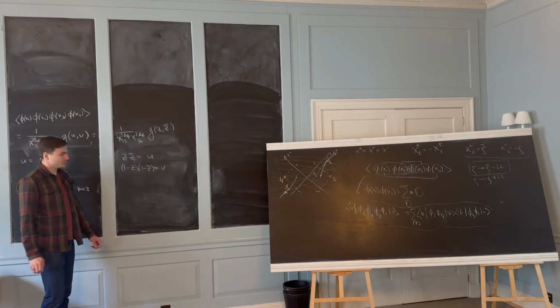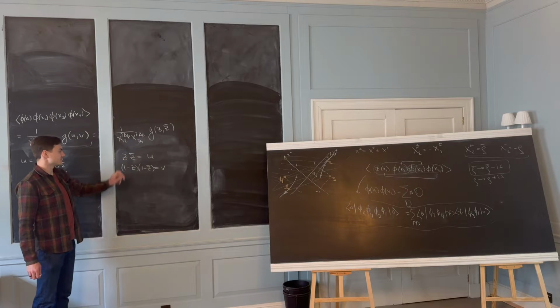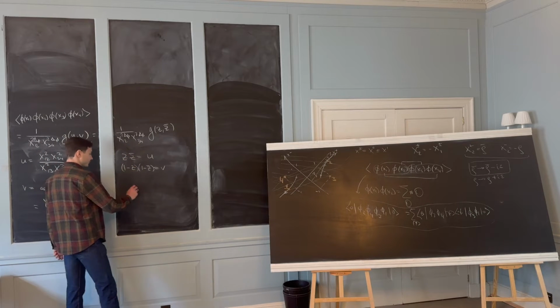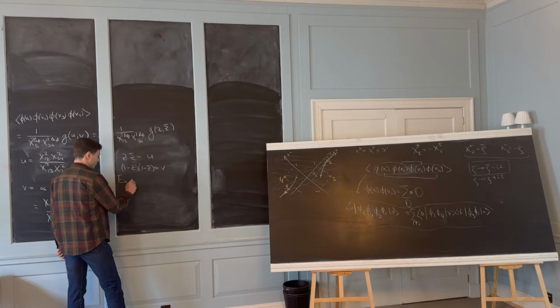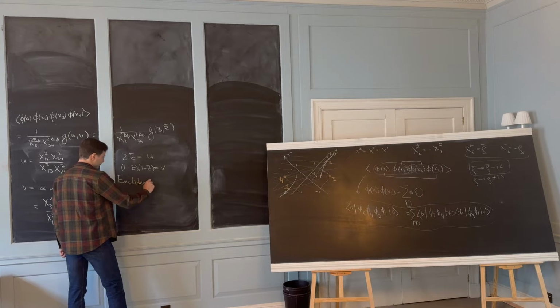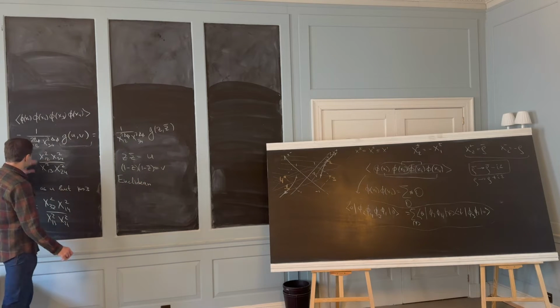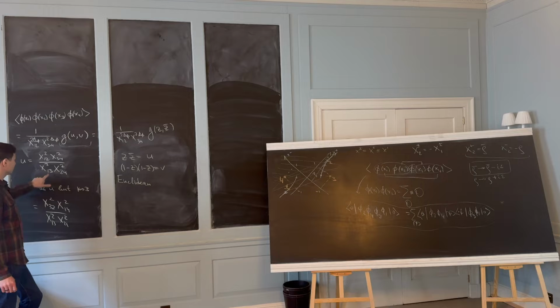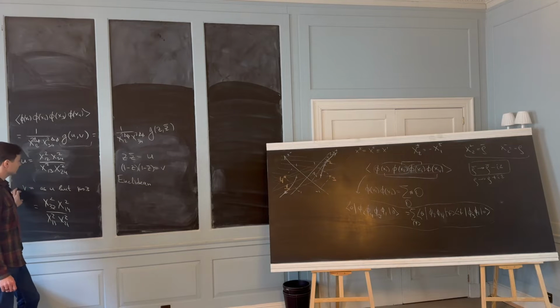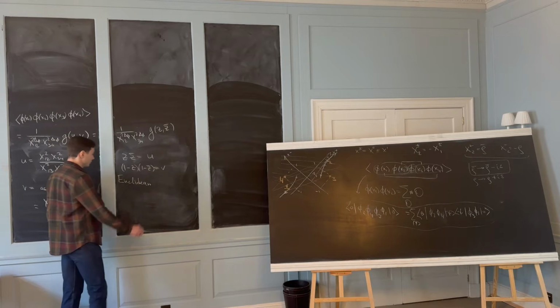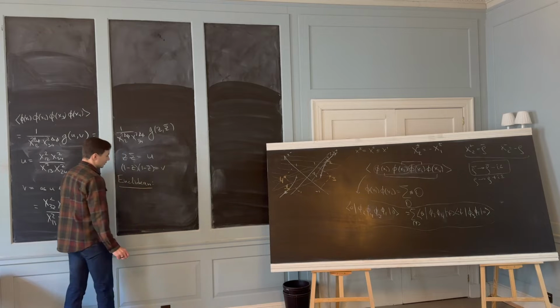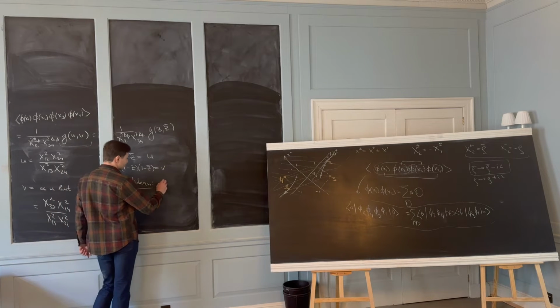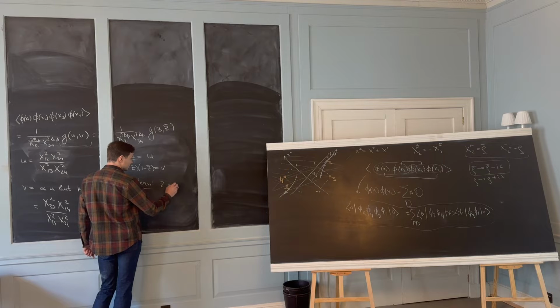Now, the reason why it's called z bar is that if you're working in Euclidean signature, if you plug in some actual Euclidean positions for these operators, so there are distances squared, etc., you compute u and v, then you solve for z and z bar. You will always find that z bar is the same as the complex conjugate of z.